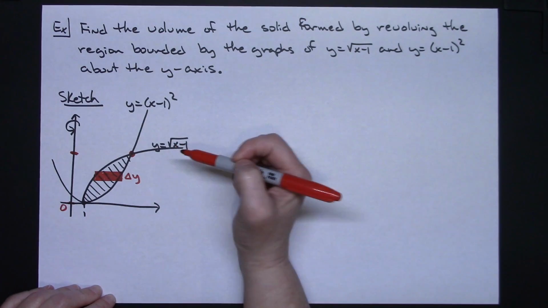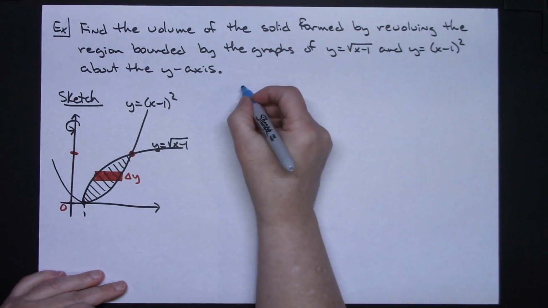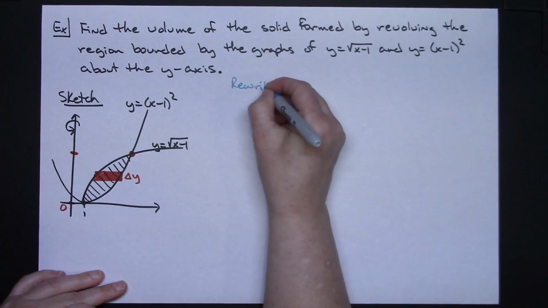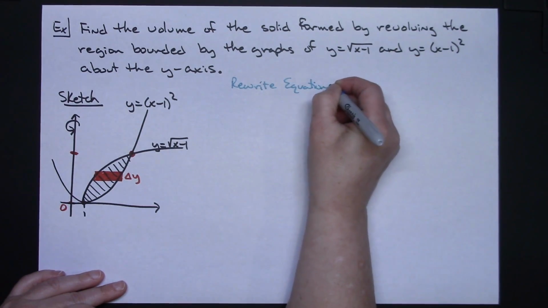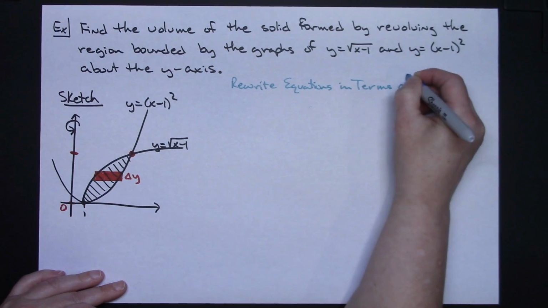So the very first thing I need to do is take these two equations and rewrite them in terms of y. So I think I'll do that in blue. Let's write that down here: rewrite equations in terms of y.